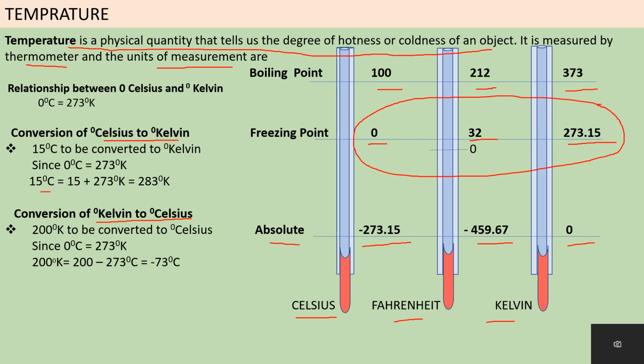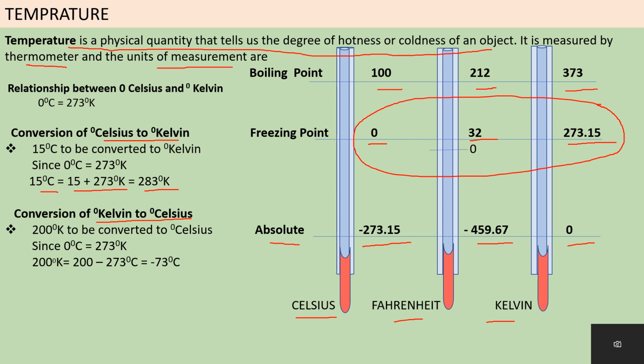So 15 degrees centigrade is converted here by adding 273. It becomes 283. One more mistake which the students do: never add two different units of measurement together. Like I have written here 15 plus 273 degree Kelvin and not 15C plus 273. Two different units of measurement cannot be added.